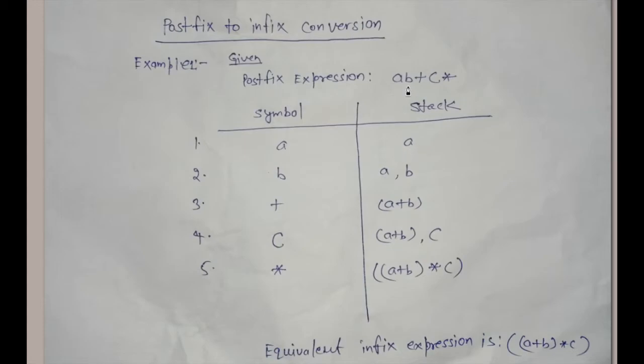Now next is B, which is inserted here. Now A, B, two elements are in the stack, and B is the top element. Next, what is the operator? The operator is plus.